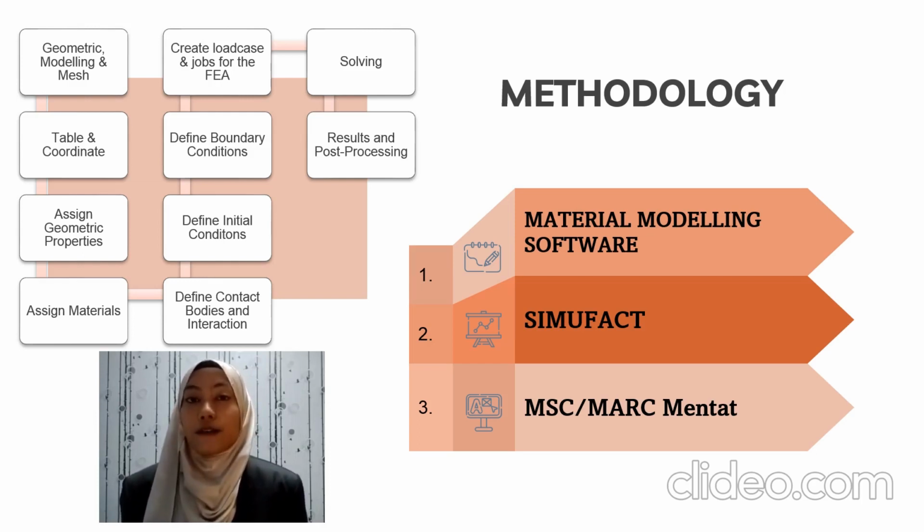This list, however, does not include all of the materials. As a result, this JMatPro software's function is to input and develop new chemical compositions for materials, which are then sent to another piece of software, which is SimufactWelding, for executing other processes.